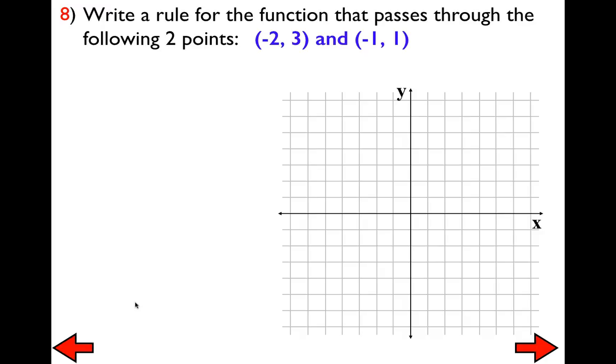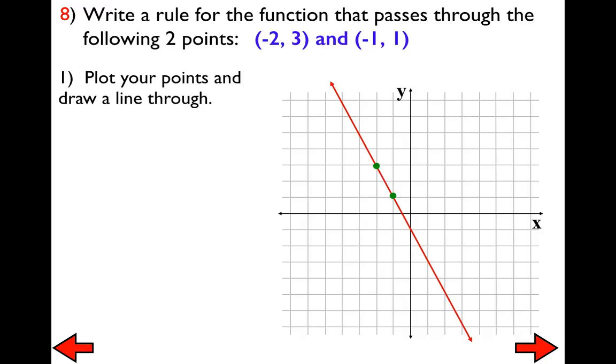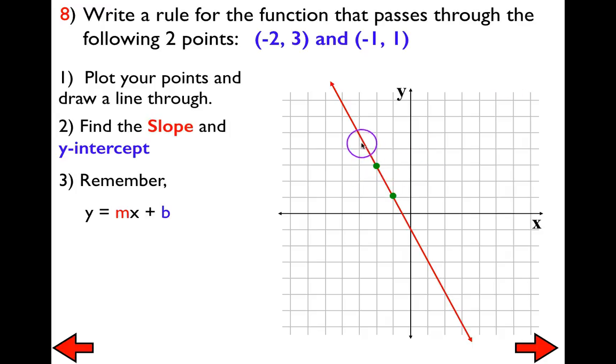Okay, so let's see how well you did. Hopefully the first thing you did was plot the 2 points, draw your line, find the slope. So in this case, my slope is going to be going down 2. Since it's going down, it's negative, and then it's going to the right 1. Since it's going to the right, that's a positive 1. -2 over positive 1 is -2.